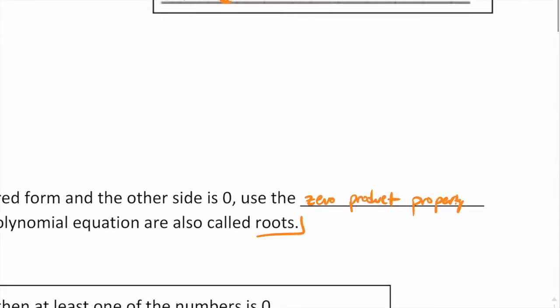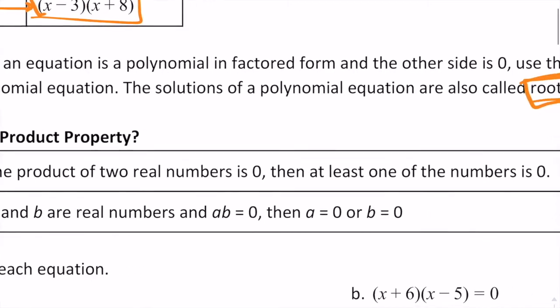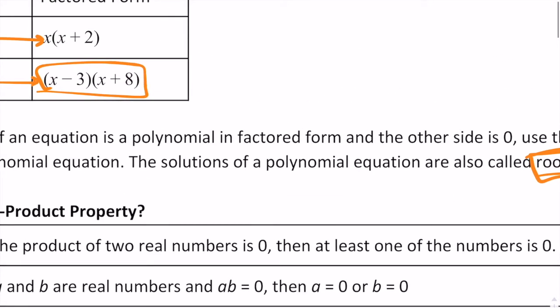Okay, so what is the zero product property? Well, that's just saying if the product of two real numbers is 0, then at least one of the numbers is 0. So for example, if I have like 5 times xy equals 0, well, x or y must be, one of those has to be 0, right?